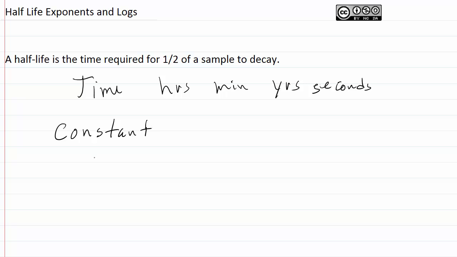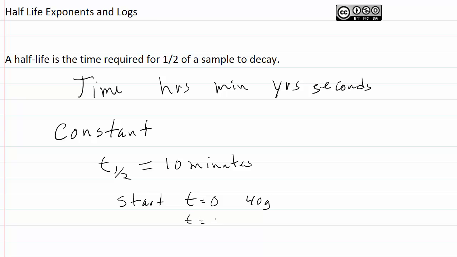Symbol of half-life is generally a T1/2. Okay, so T1/2 might be something like 10 minutes. Okay, that would mean every 10 minutes, 1/2 of the sample decays. So let's say we start with 40 grams. T equals 0. We have 40 grams of material.